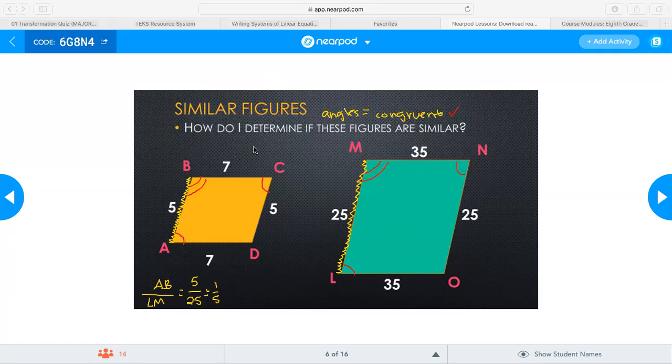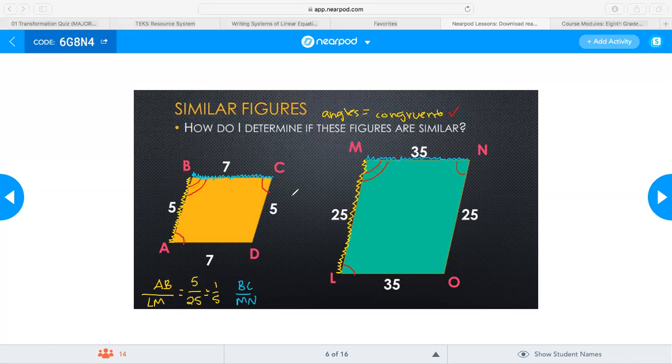All right, I'm gonna use blue now. So side BC, which side corresponds with the other figure for side BC? MN. So BC and MN. Notice what I'm doing. When I'm doing my proportion, I put the small figure on top and the big figure on bottom. Well, if I do that, I have to do that for all the proportions, okay?